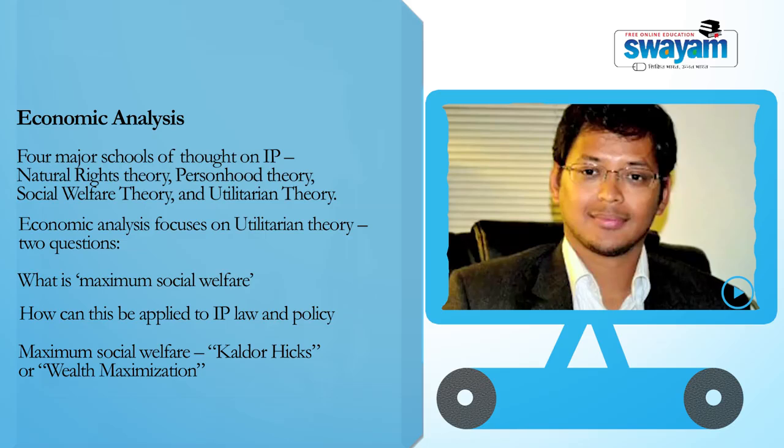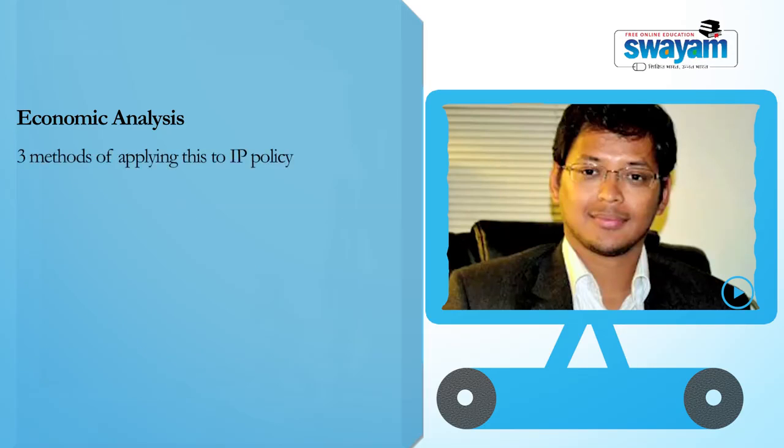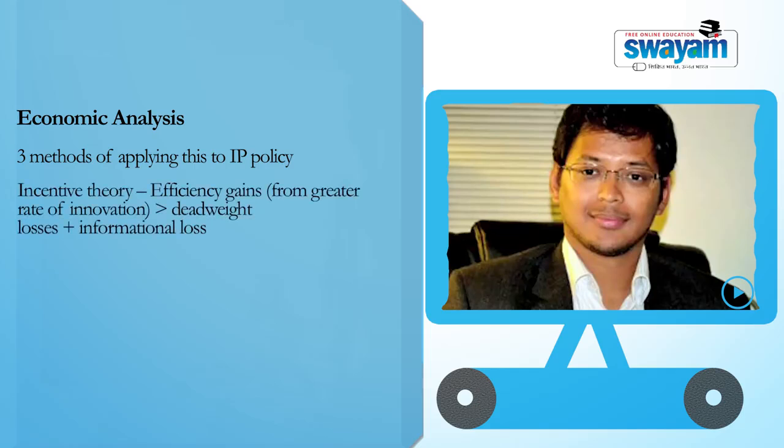Now, translating this maximum social welfare into exact or precise administratable terms has led to, again, three different approaches. I'll just briefly mention what they are before we discuss them in detail. Firstly, the incentive theory, which states that social welfare can be maximized by ensuring that efficiency gains made by incentivizing innovation through IP rights, or exclusionary rights as they're more technically appropriately called, are greater than the deadweight losses and other inefficiency costs incurred by allowing such restrictions in the first place.